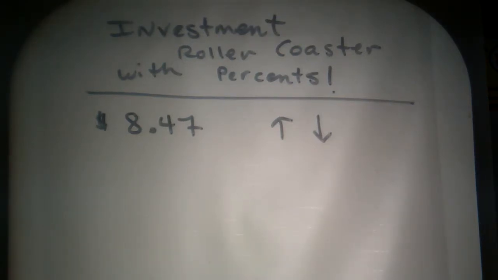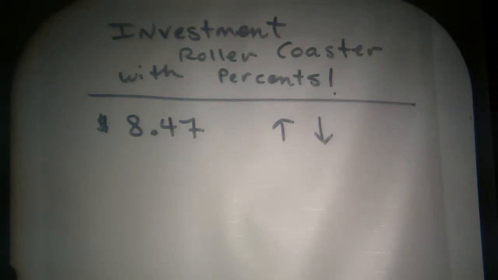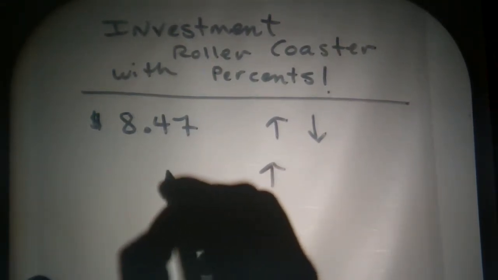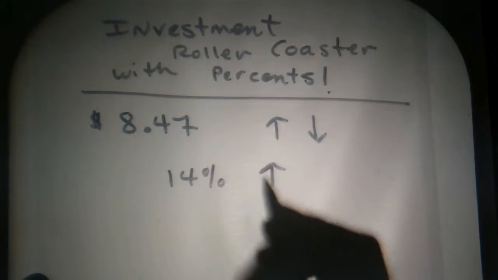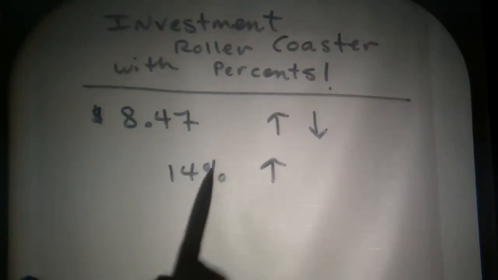With our sheet, we have a certain percentage that tells us the history of the stock has gone up or down. The first year with this initial stock, it said that it went up 14%. Now, we know that we can't multiply this percent symbol. What do we do with that?